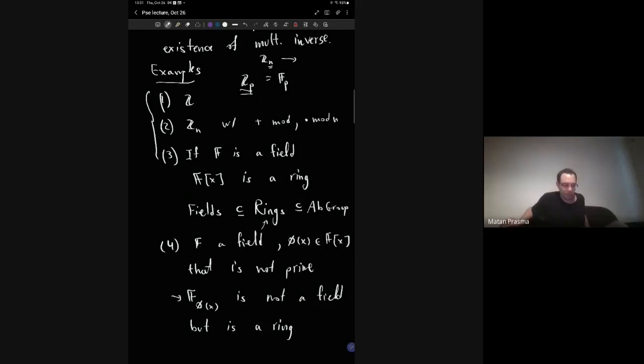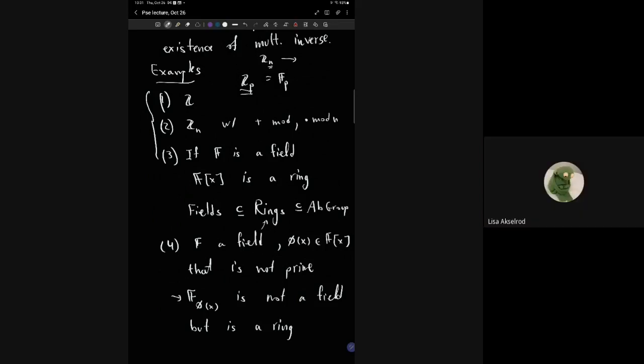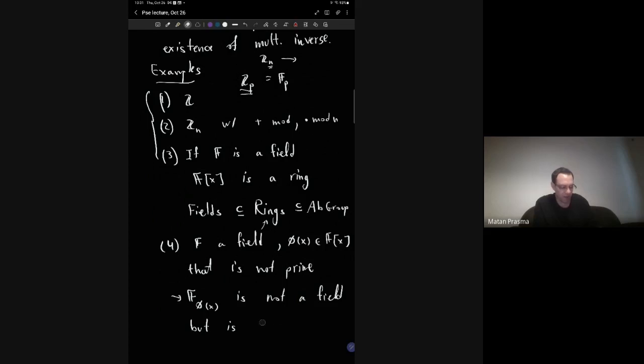Because we can't construct this multiplicative table where we can find a multiplicative inverse for each element. But why don't we have a multiplicative inverse for every element?